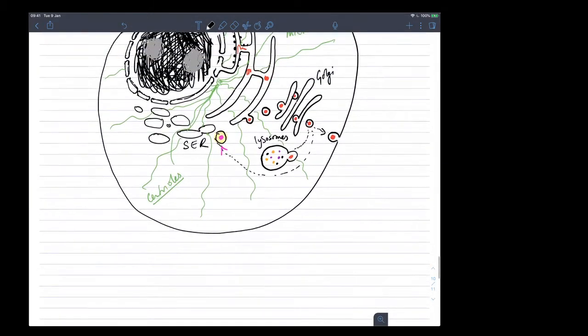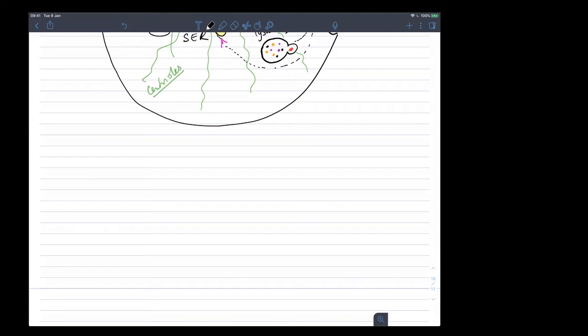Now, flagella and cilia are both structures based on microtubules, but they have slightly different functions and slightly different structures. Generally speaking, both cilia and flagella are made of microtubules, essentially. So it's these microtubule fibers that form these structures that poke out of the cell.